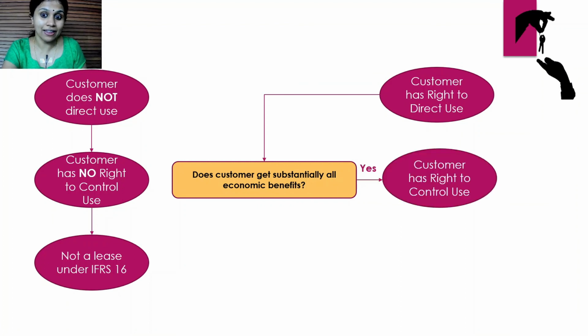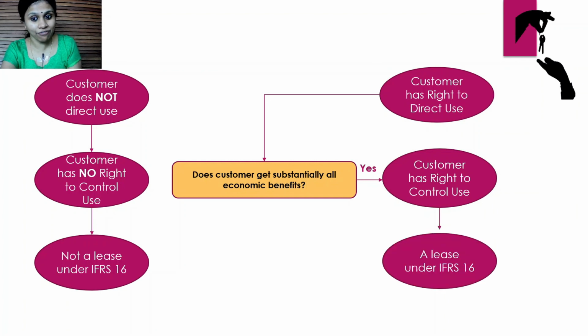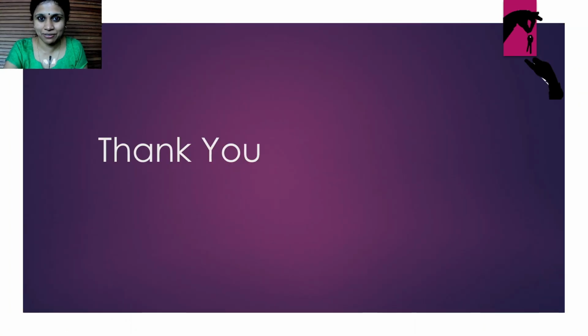If yes, then the customer has the right to control use, and therefore this is a lease under IFRS 16. If no, then the customer has no right to control use, and therefore it is not a lease under IFRS 16.